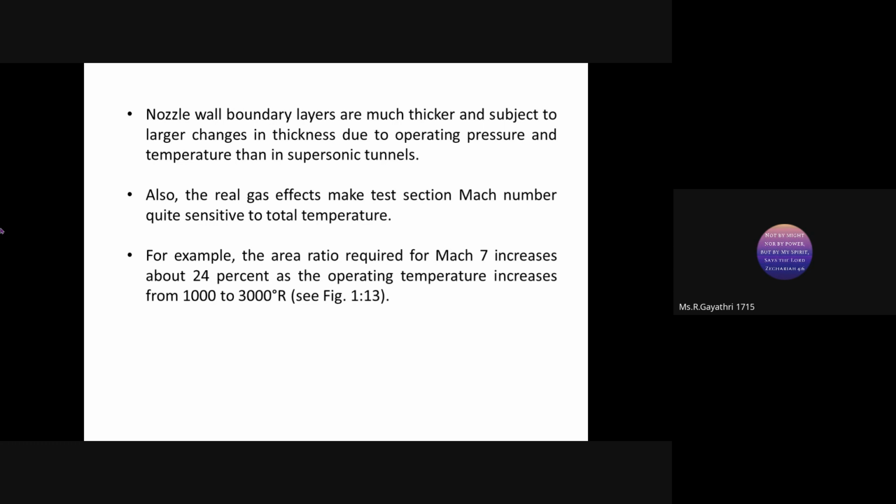Nozzle wall boundary layers are much thicker than in supersonic tunnels and subject to larger changes in thickness due to operating pressure and temperature.